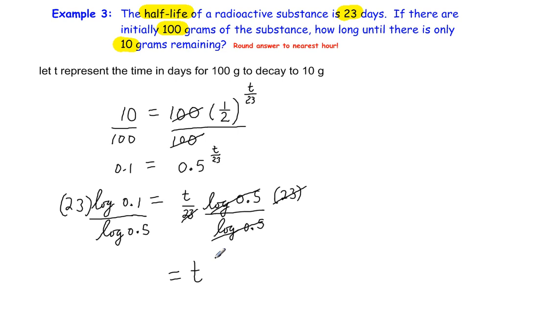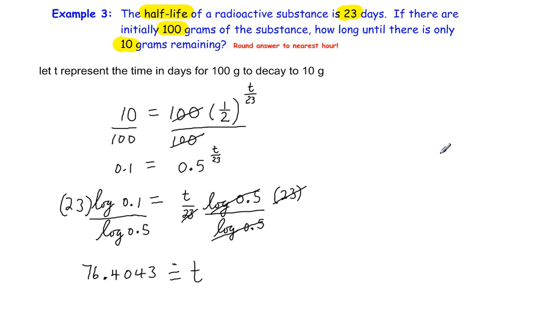Nothing too fancy there. So taking a calculator and multiplying 23 by log of 0.1 and dividing it all by the log of 0.5, you get approximately 76.4043.